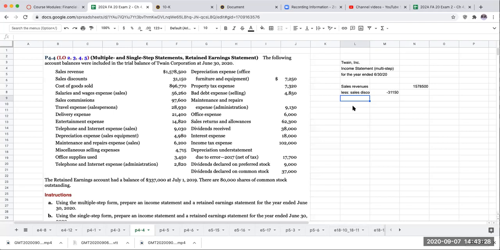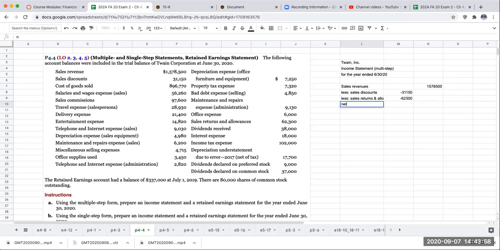If you were taking financial accounting, one of the things I would have my students do is a multi-step income statement. In that chapter specifically, you go through and say, okay, here's my sales revenue, less sales discounts, and then less sales returns and allowances. My sales returns and allowances are $62,300.